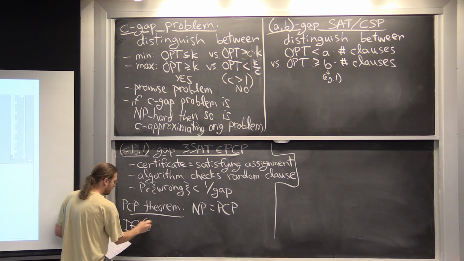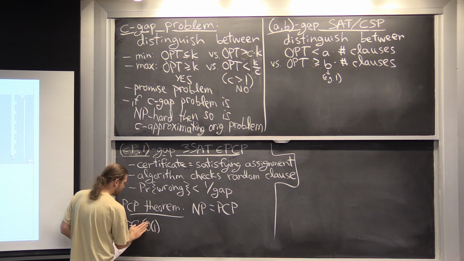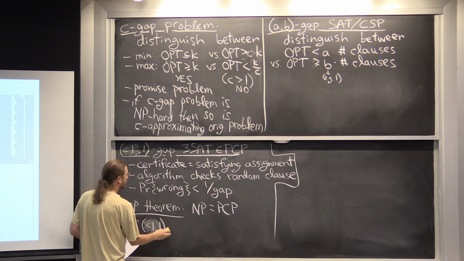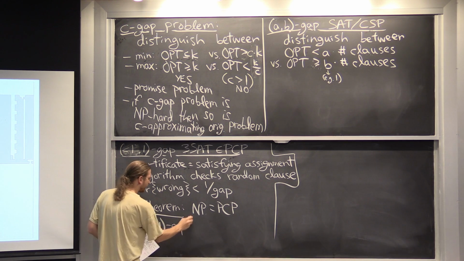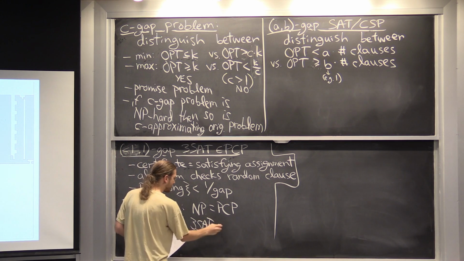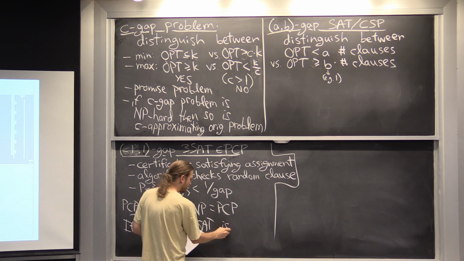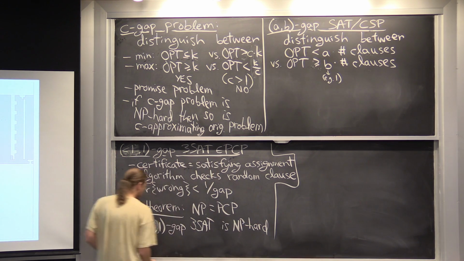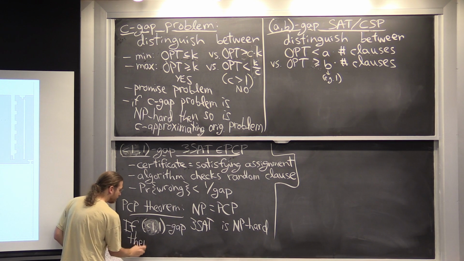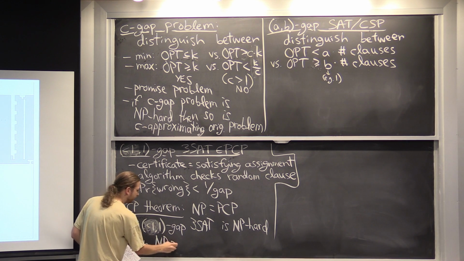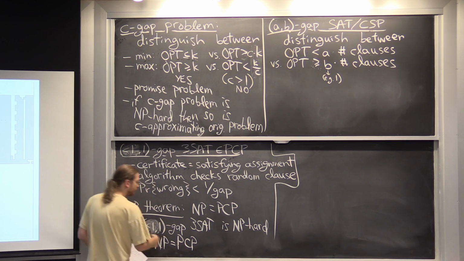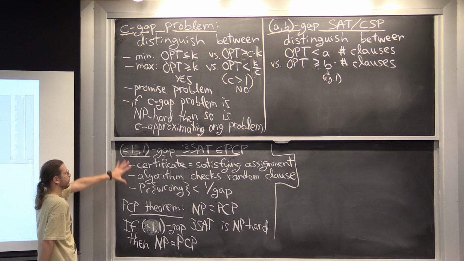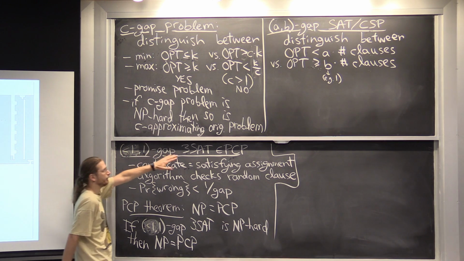If less than 1, comma 1 gap 3SAT is NP hard, then NP equals PCP. So we know that this is true, but before we know that, we just proved that this thing is in PCP.